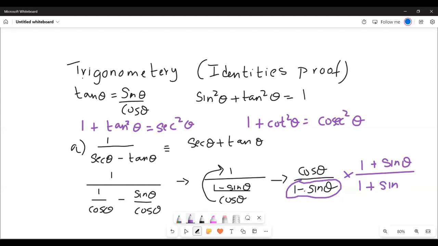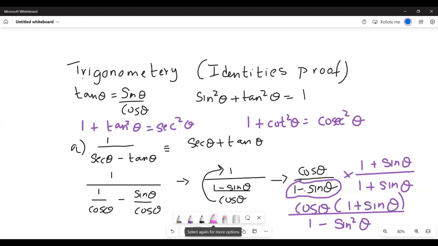Now, why did we do that? Because now when we solve the denominator, what do we get? We get 1 square minus sine square theta in the denominator. And in the numerator, we have cos theta times 1 plus sine theta. Now, what is 1 minus sine square theta?